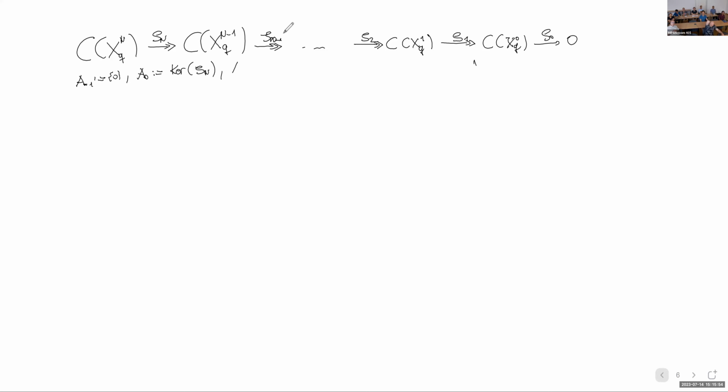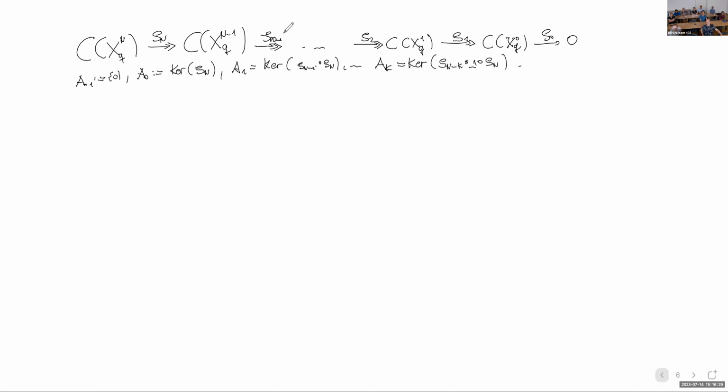Then it goes A1, the kernel of O n minus 1, O n. A k should be the kernel of O n minus k up to O n.